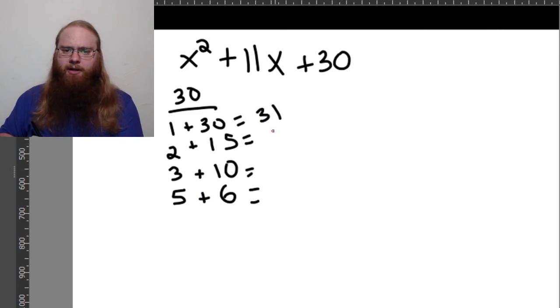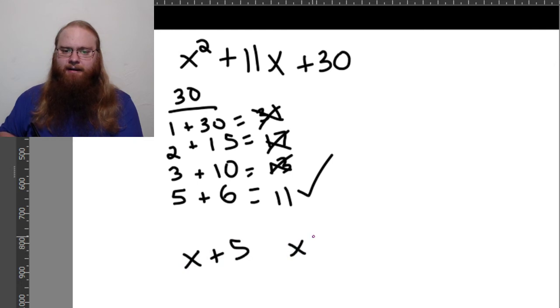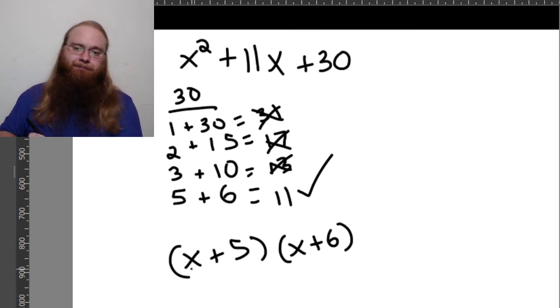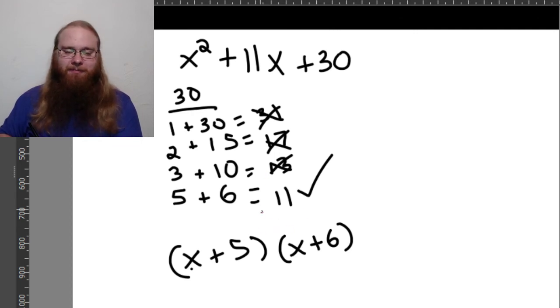So we get 31, 17, 13, and 11. Well, these don't work, but this one does. So we rewrite our answer as x plus 5 and x plus 6 in parentheses. And again, if you FOIL this, you'll get the original problem, which means this is the right answer.